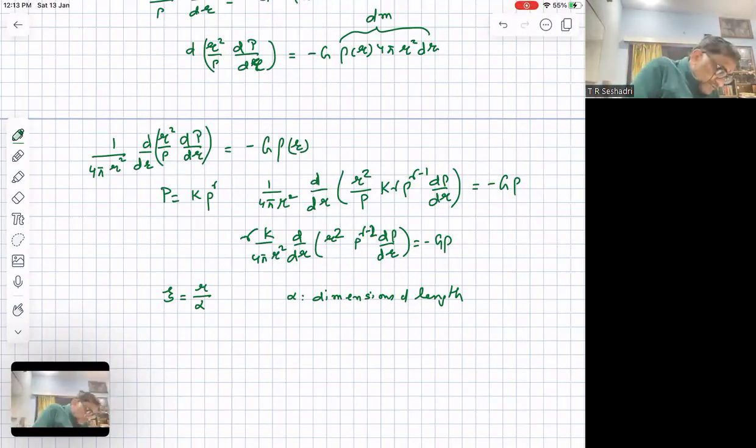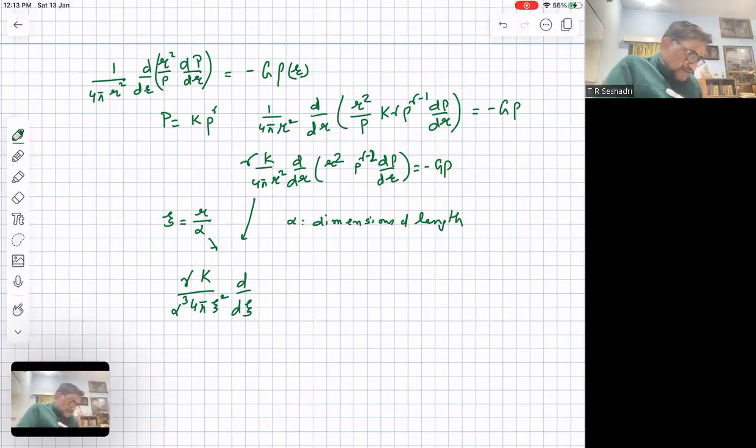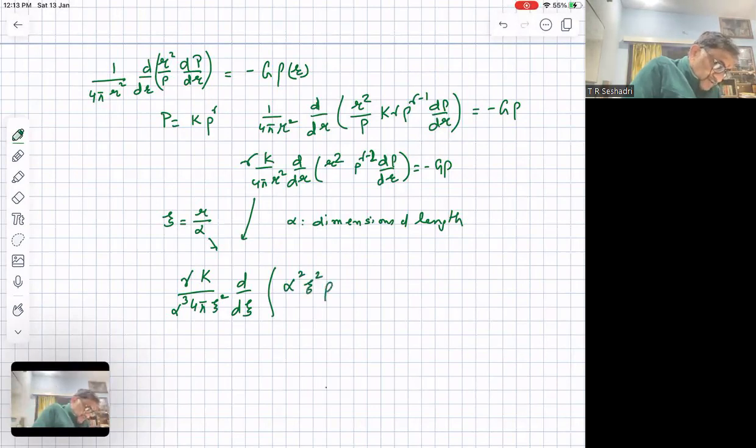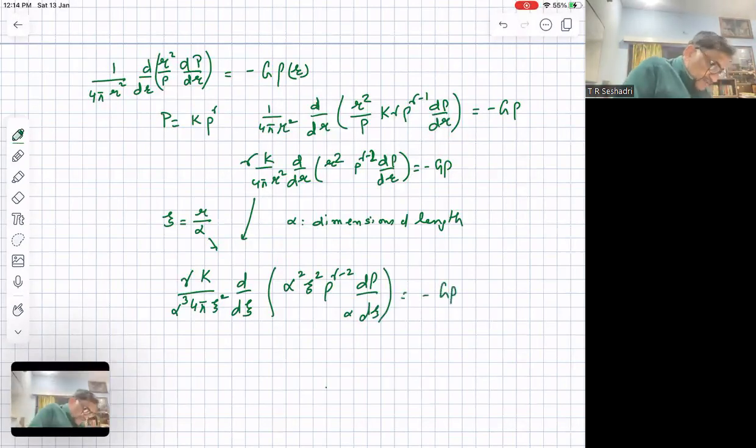Okay. So, this and this together will give me gamma K by alpha cube 4 pi xi square d by d xi of alpha square xi square rho to the power gamma minus 2 d rho by alpha d xi, equal to minus G rho.